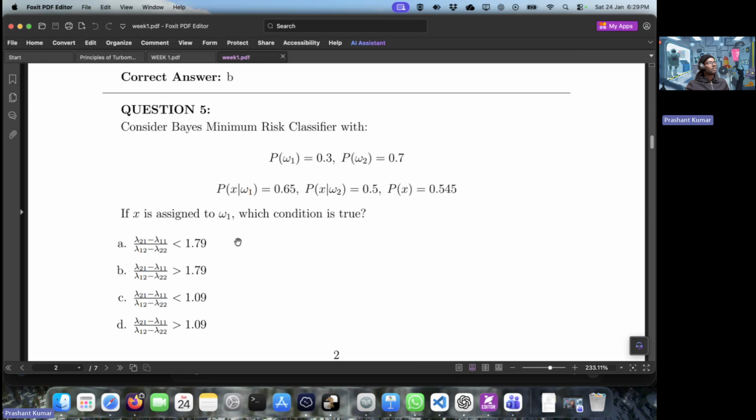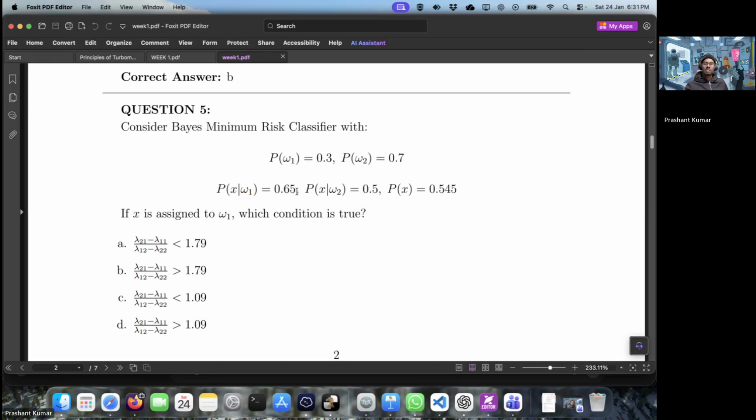The value of P(W2) by P(W1) is basically 7 by 3, and these two values are given, and P(x) is basically 0.65 by 0.5. It will be 65 by 50 into 3 by 7.